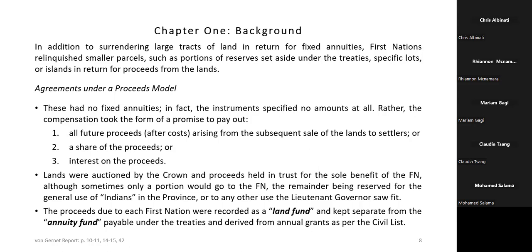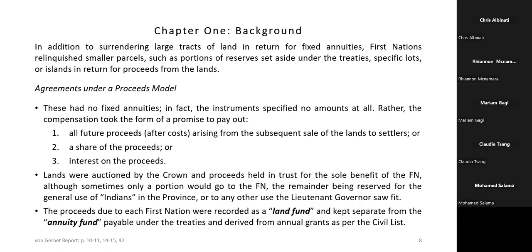And so what happened then, the lands were auctioned. This was usually a portion of a reserve. A reserve was intended, even though the Crown often thought of the reserve lands as Crown lands, for the exclusive use and occupation of the First Nation. So it's not like a real estate transaction.